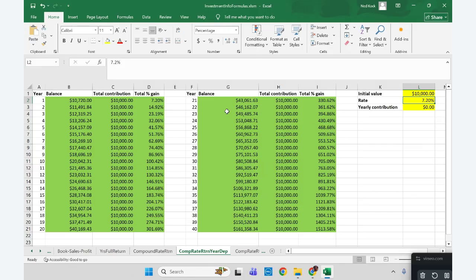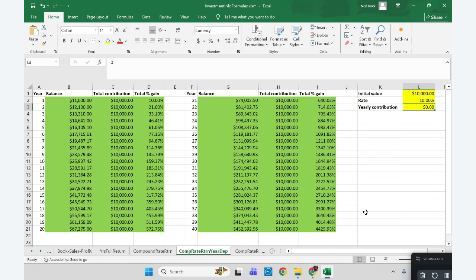So here at market, 7.2%, you go from 10,000 to 40,000 in 20 years. If you were to get 10%, you would go from around 10,000 to 67,000. So it's a big difference.